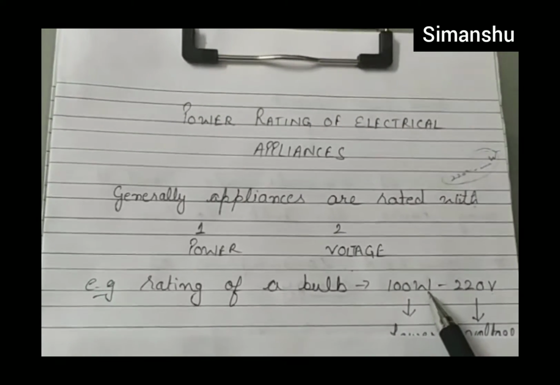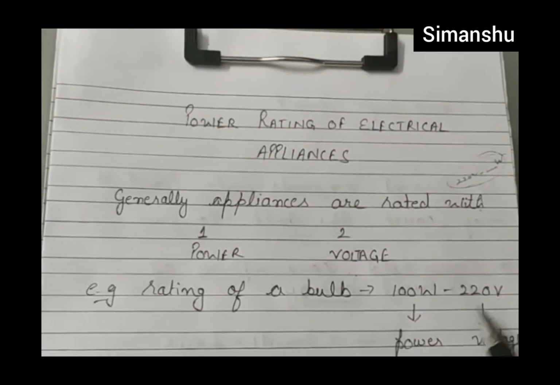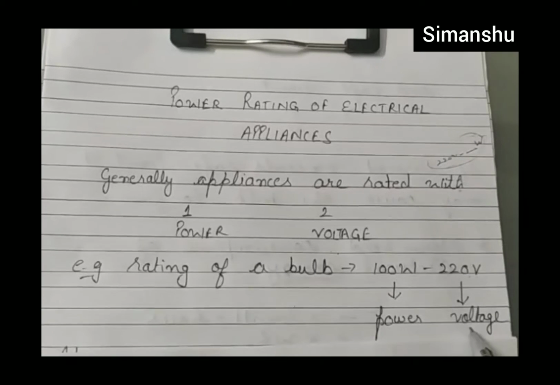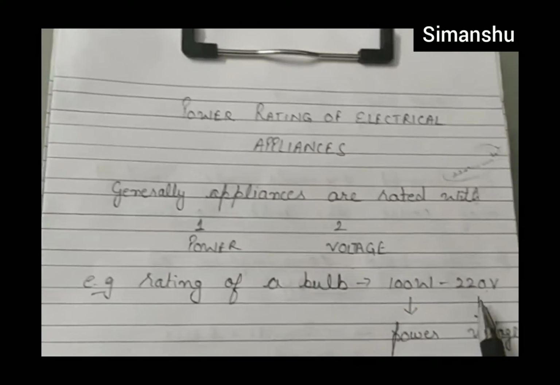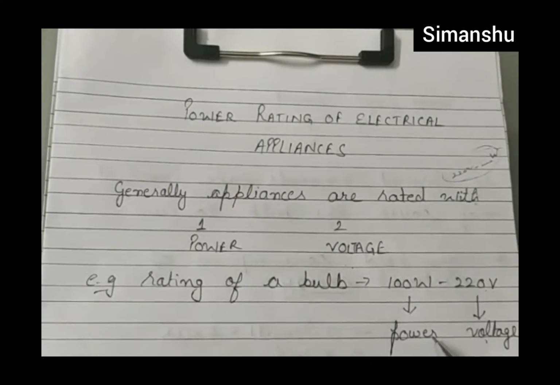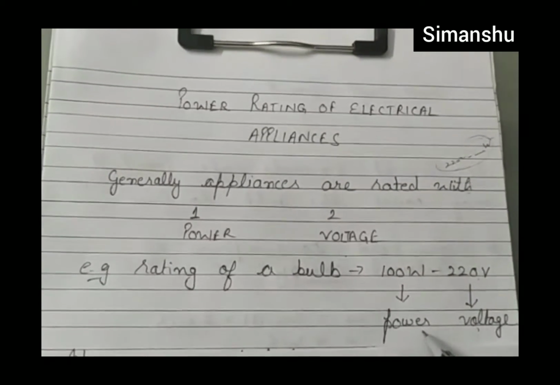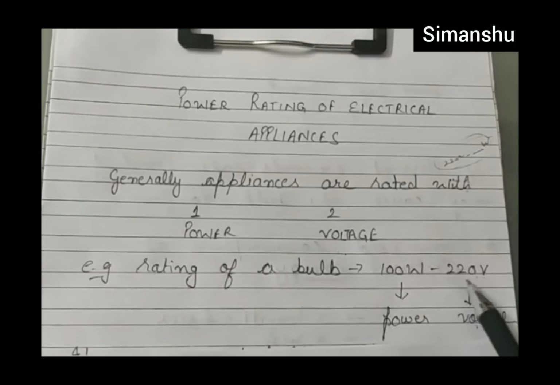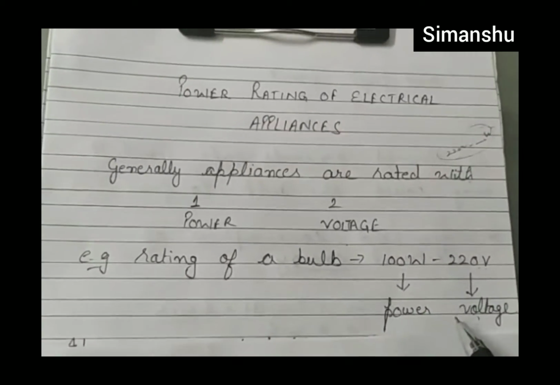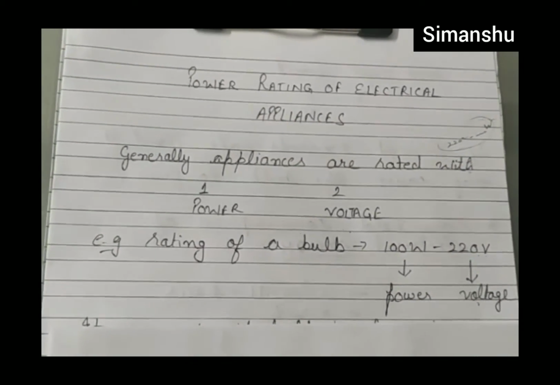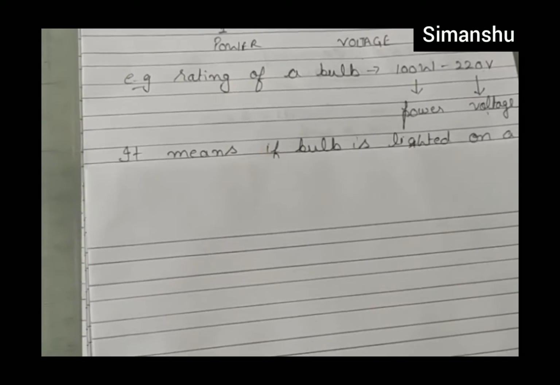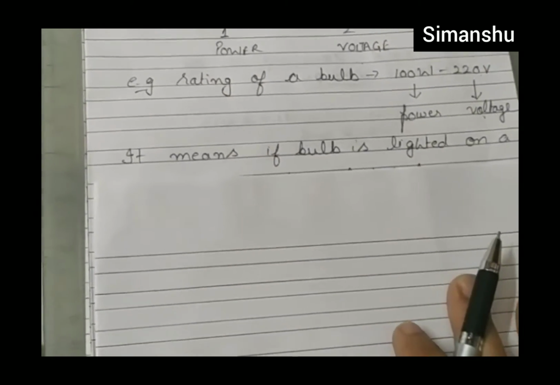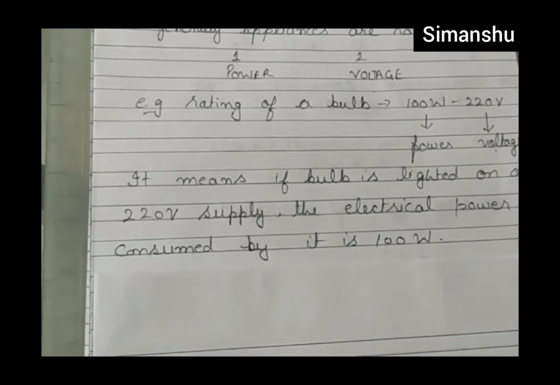As you know, watt is the unit of power and volt is the unit of voltage. So from that we got that the power of that bulb is 100 and it needs a voltage of 220 to work. Okay, you can see on any appliance or any bulb at your home to see the details.